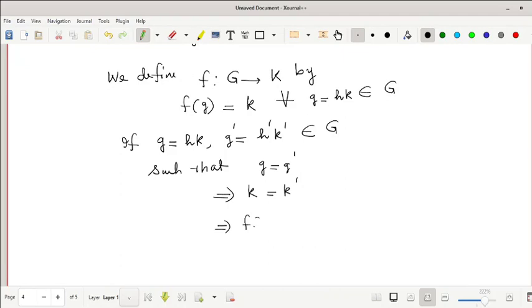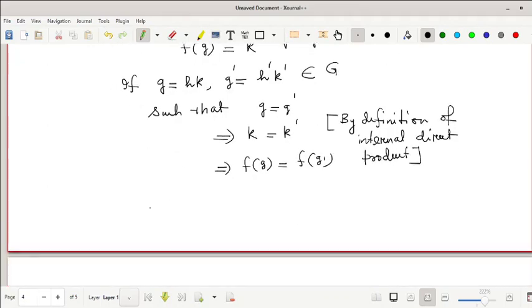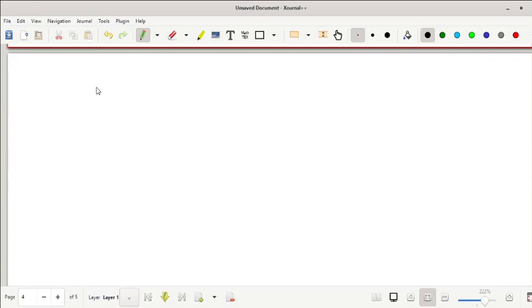So this will imply f of g is equal to f of g prime, by definition of internal direct product. Therefore f is well defined.